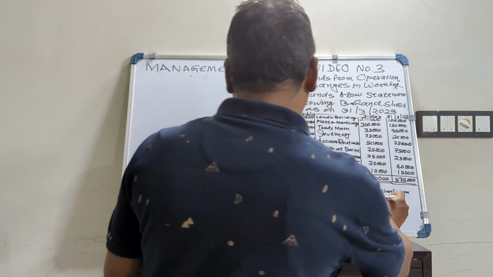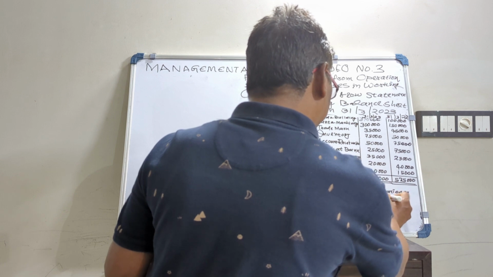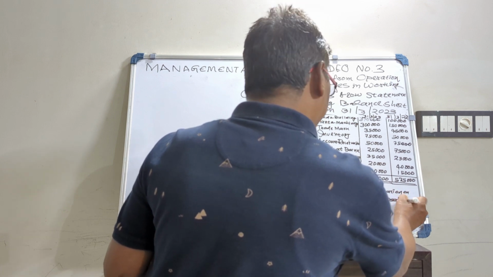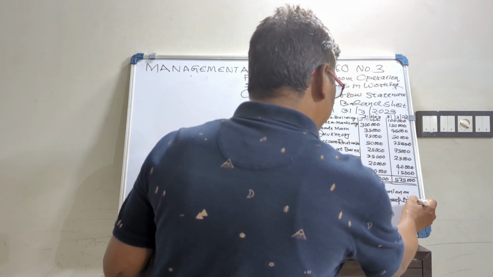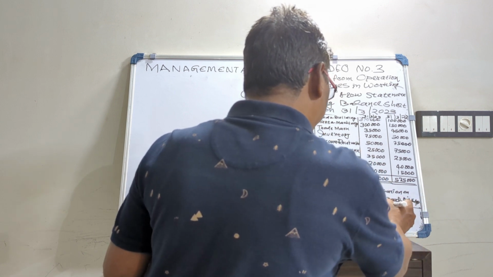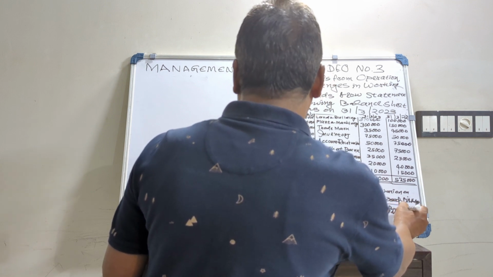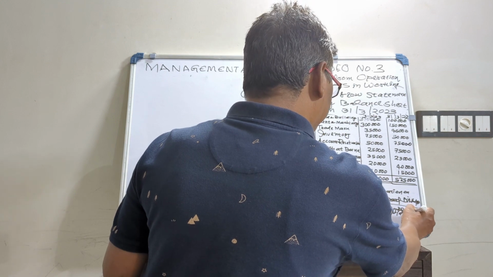Similarly, we will prepare provision for proposed dividend. In proposed dividend, this is also a similar case. By balance brought down, right? The amount is 30,000.